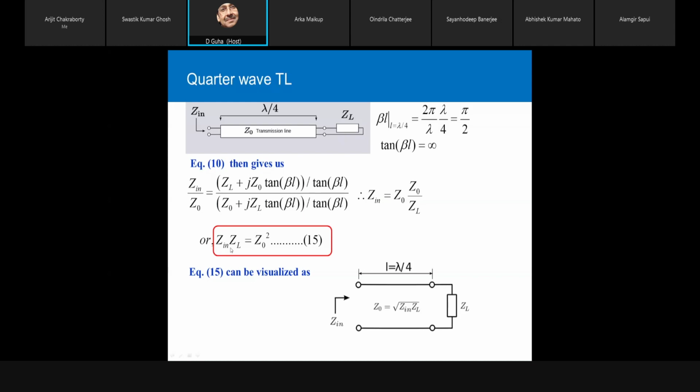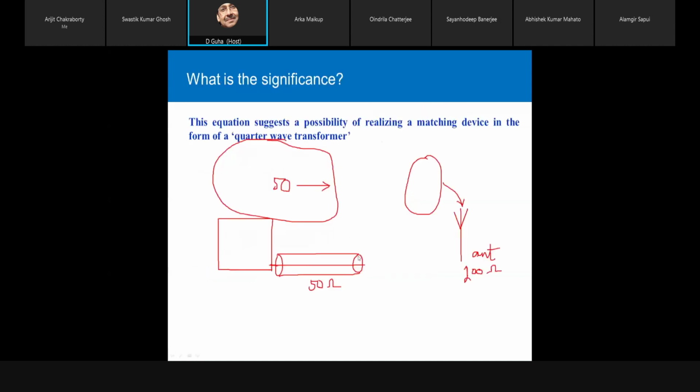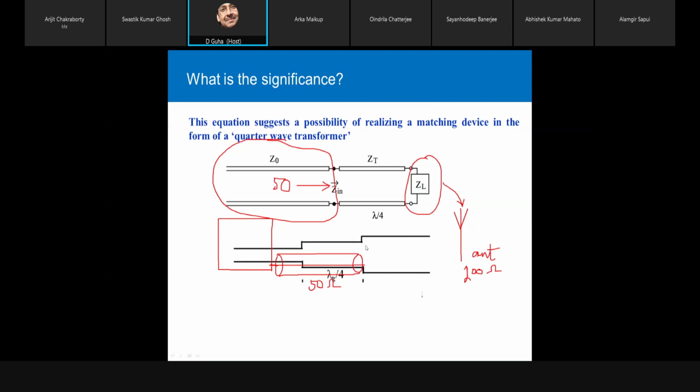Square root of 5000 is 70.71. You have this, so you have to go to the manufacturer and say, suppose at 1 gigahertz this is my problem, so my lambda is like this, and lambda by 4 is my physical length. Make me a line with this impedance. How to decide the line impedance is in my hand, I will explain that later. Based on that knowledge and my lambda by 4 length, if I prepare it and connect it here, my problem is solved.